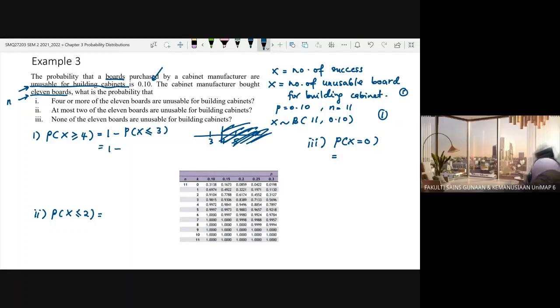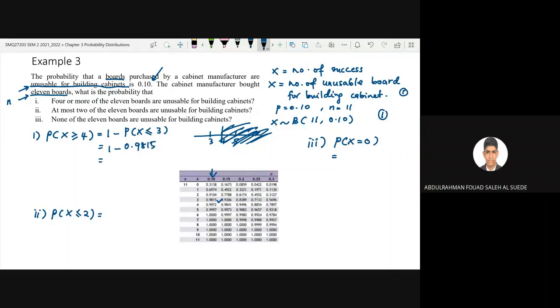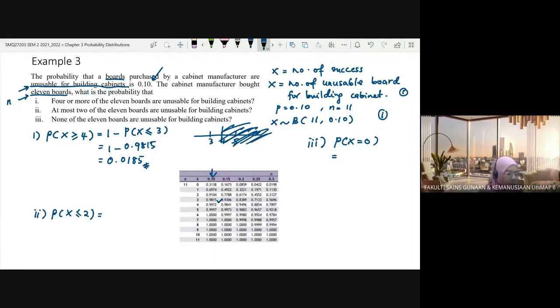So 1 minus P(X ≤ 3) for 0.10 and 3. So 1 minus 0.9815. So what do you get, class? 0.0185. Yes, right.